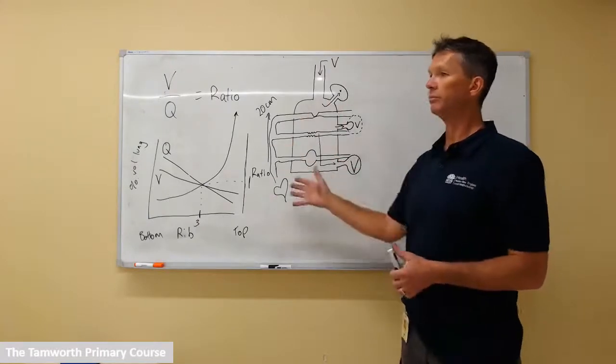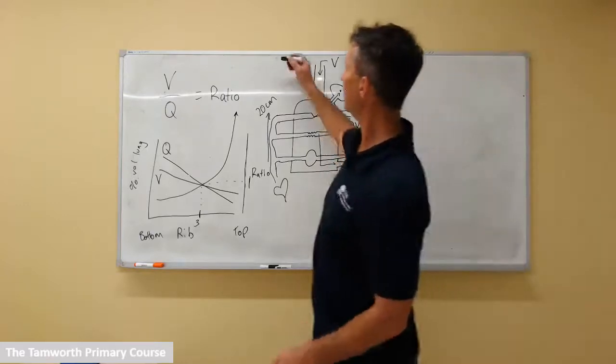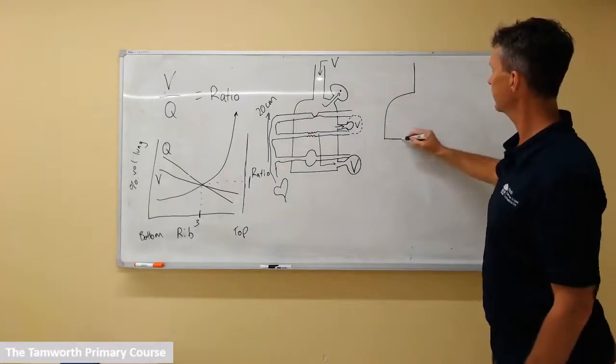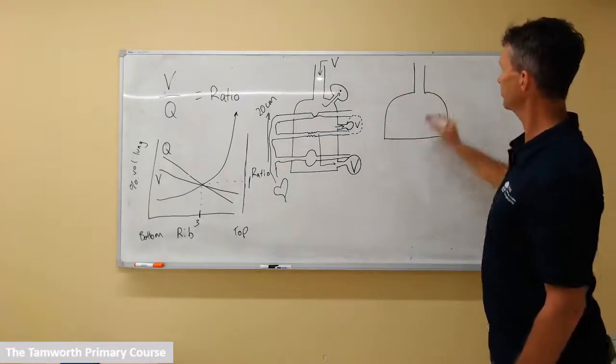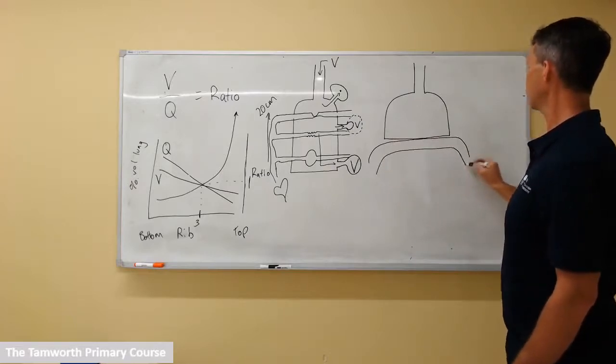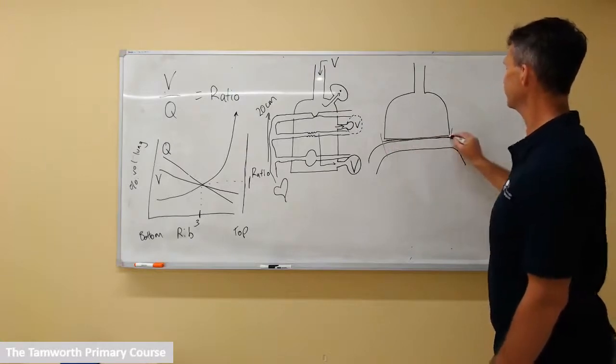Using this reasoning and using the diagram that we used before, which looked like this, of our alveolus on our respiratory membrane, which hosted a blood vessel between here and here across the respiratory surface.